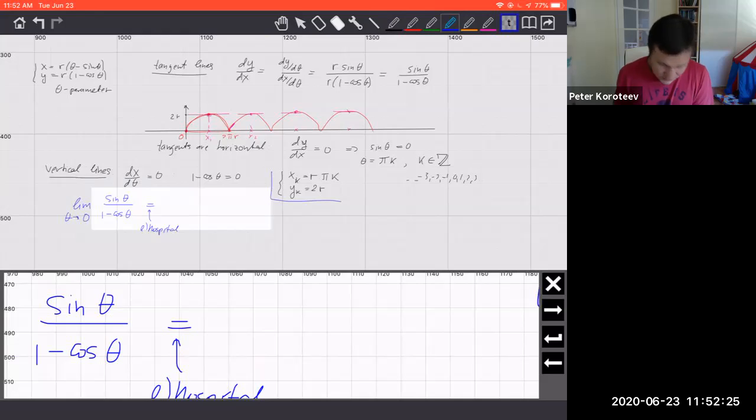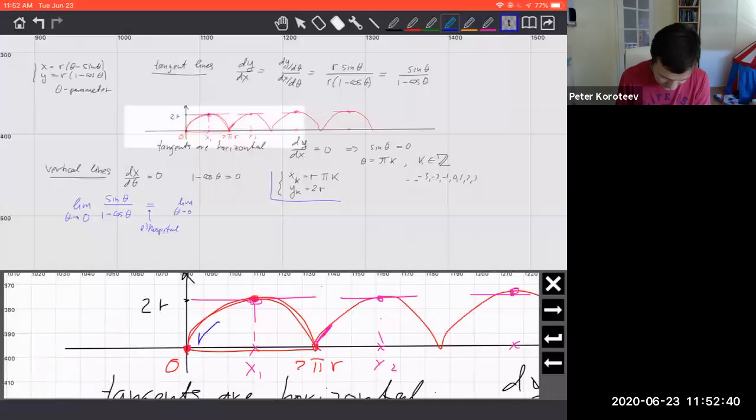So what's L'Hopital's rule? We take the derivative of the numerator and the denominator, and then we evaluate it. So it's the limit as theta approaches 0. In this case, we're asking what's going on if we study the motion of the car at the very beginning.